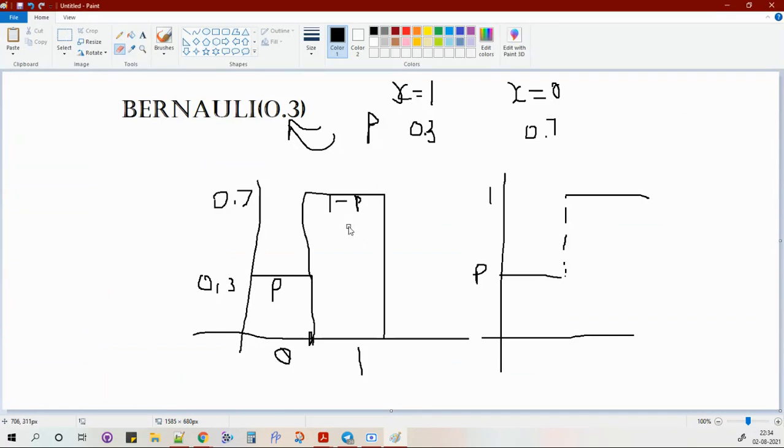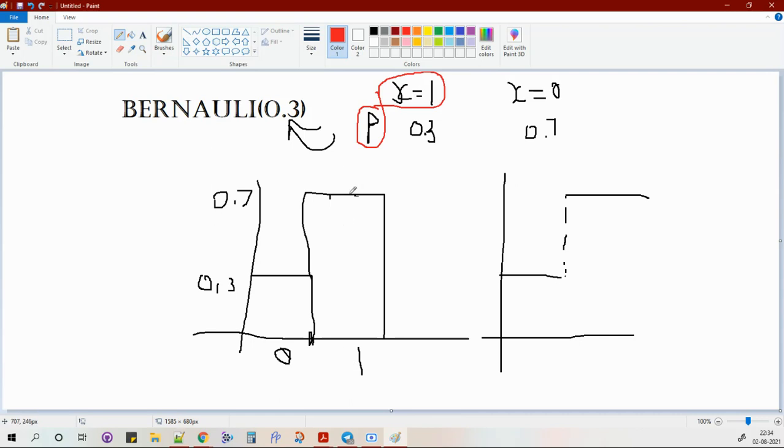The problem and this confusion is not new. Let me tell you what the problem was. By convention, p is the probability of the success event, x equal to 1.